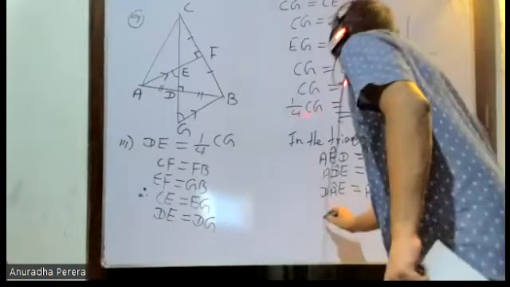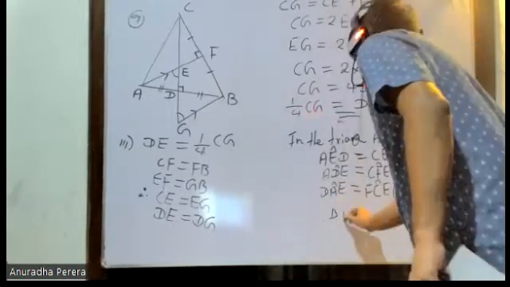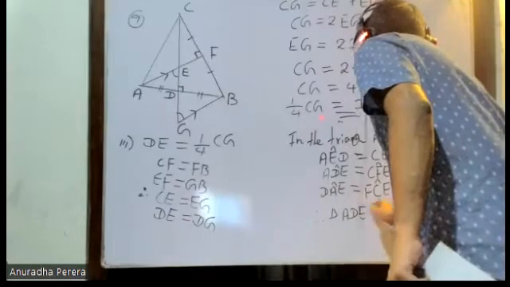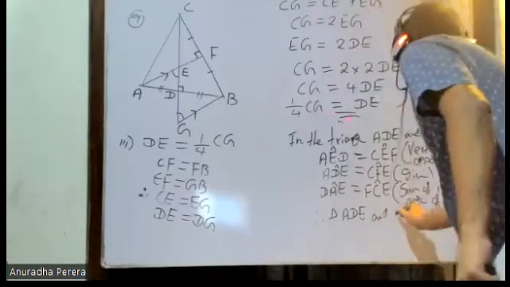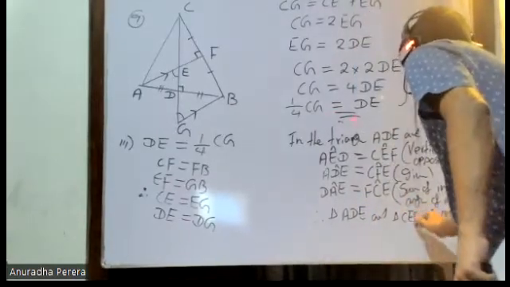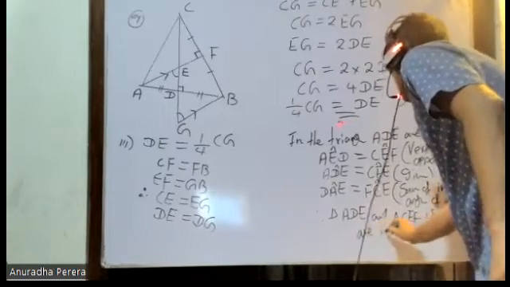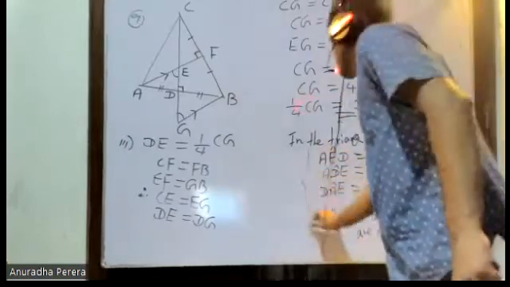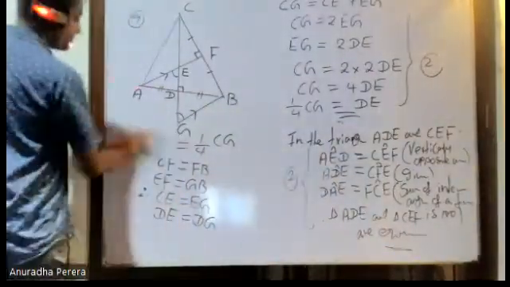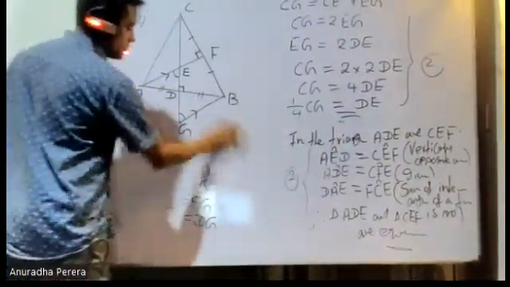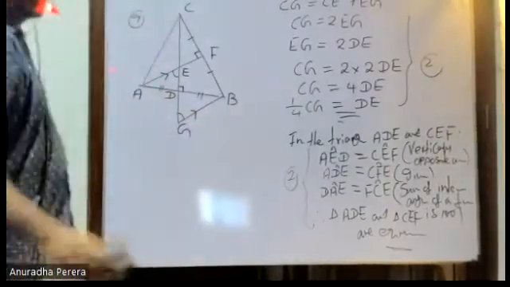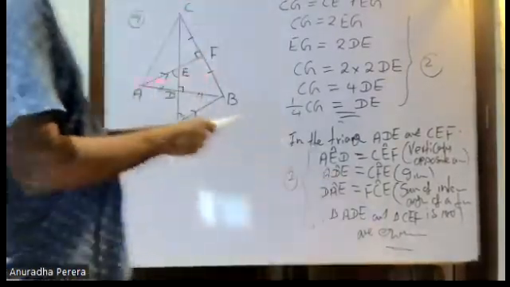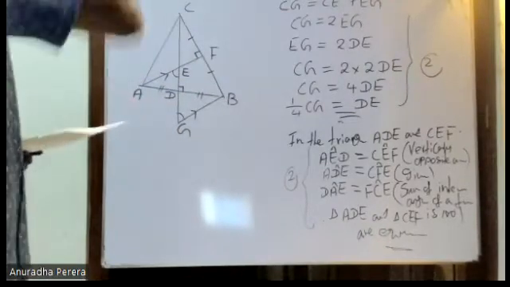Therefore, triangle ADE and triangle CEF are equiangular. For proving equiangular there are 2 marks. To prove these two as equiangular triangles, 2 marks. Without saying equiangular, you can't take a relationship. Then look at the answer.